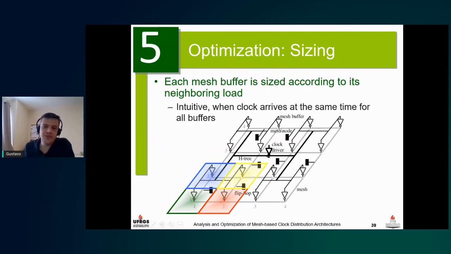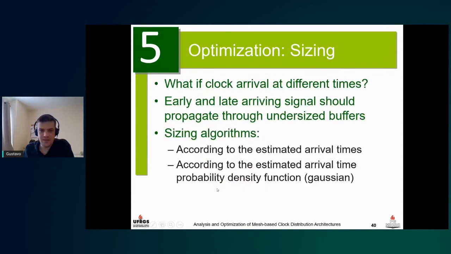Usually the mesh buffers are sized according to the load that is present in the vicinity of the buffer. But as I mentioned, we might be able to take advantage of nominal skew and try to undersize the buffers that would push the mesh to switch early or switch late.